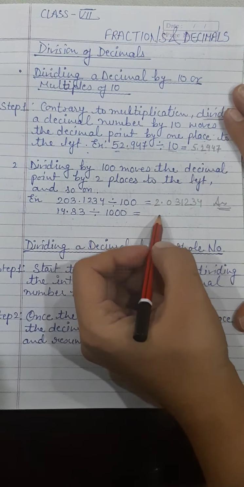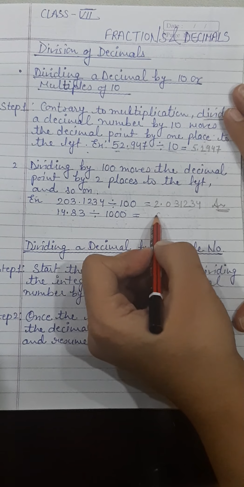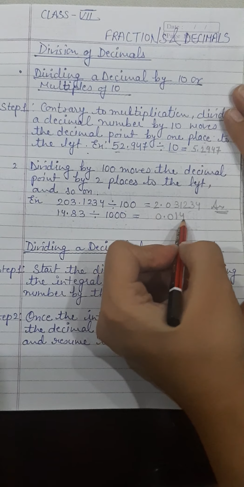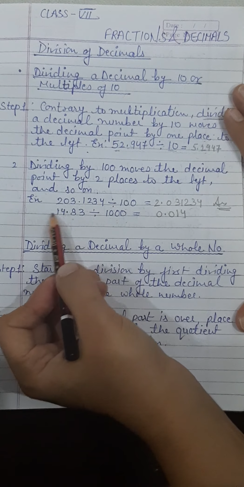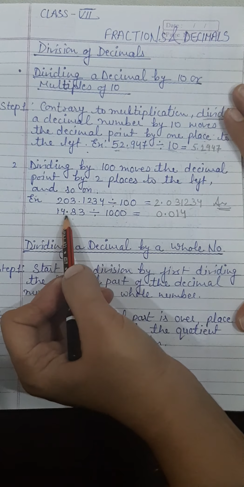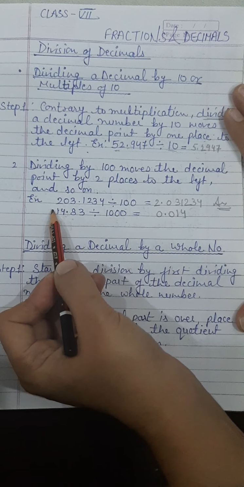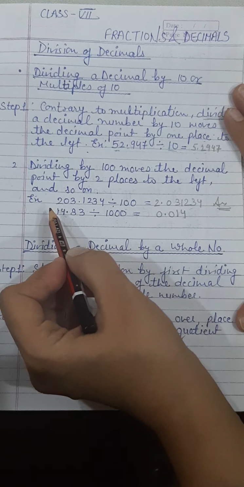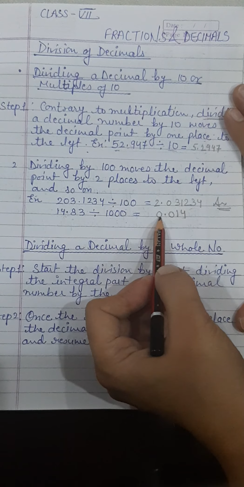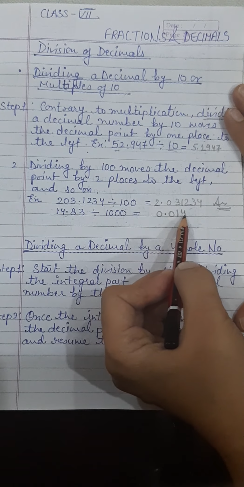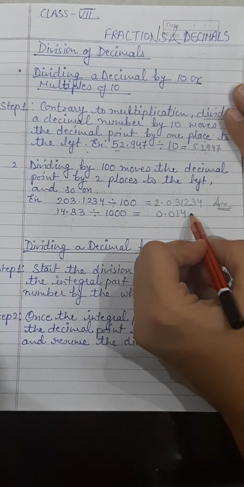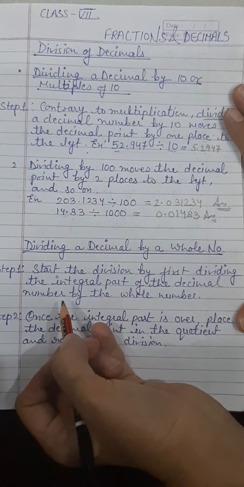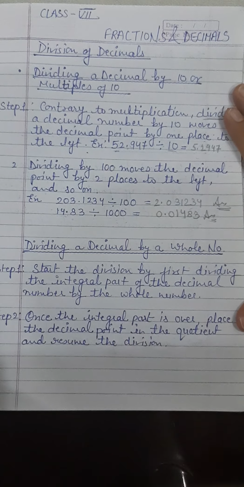You will write 0.014. Clear? 3 places you have to shift, 2 places are given, and for 1 place you can add a 0 and then you will put the decimal. So it will be 0.01483. Clear beta?